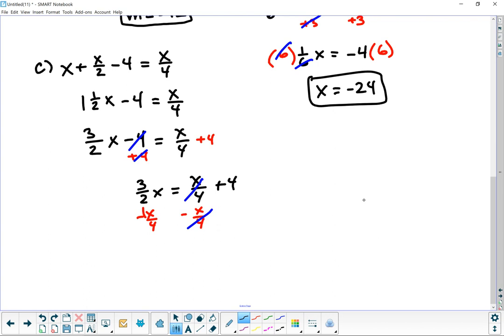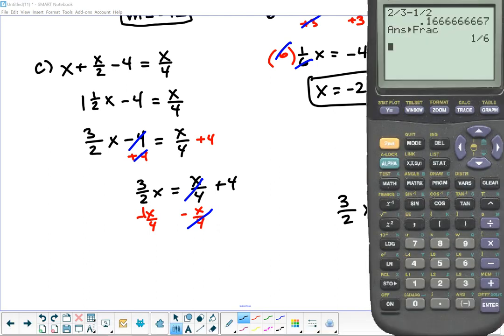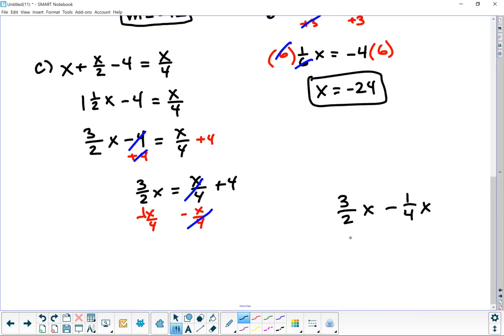So what I need to do is combine 3/2 x minus 1/4 x. So again, you can just use a calculator or combine it. I'm going to go ahead and use a calculator because I think most of you are not going to be able to do this at this point. So you go 3/2, I don't need to put in x, minus 1/4. And that gets me 1.25. And if I change that to an improper fraction, it'd be 5/4. So this would come out to be 5/4 x.